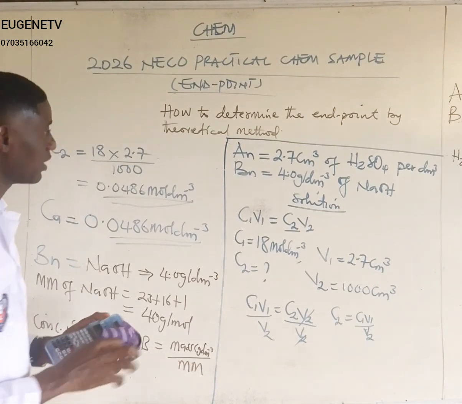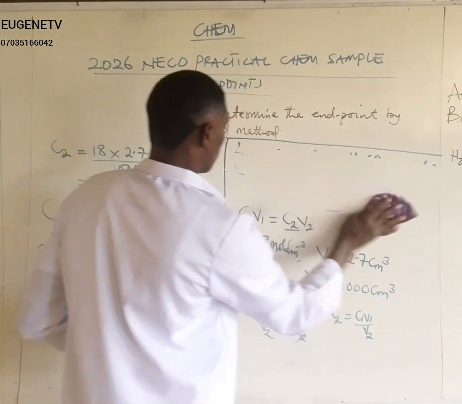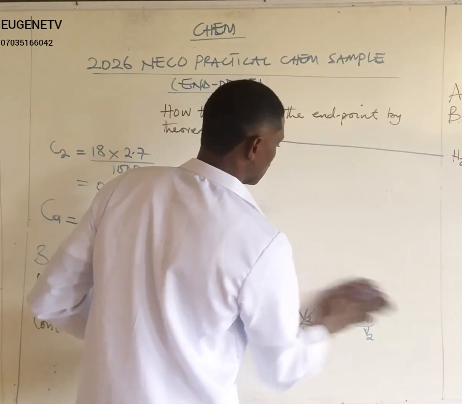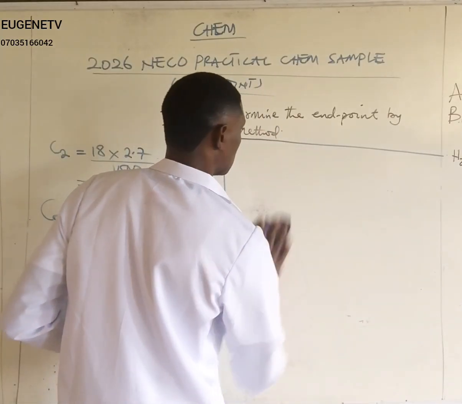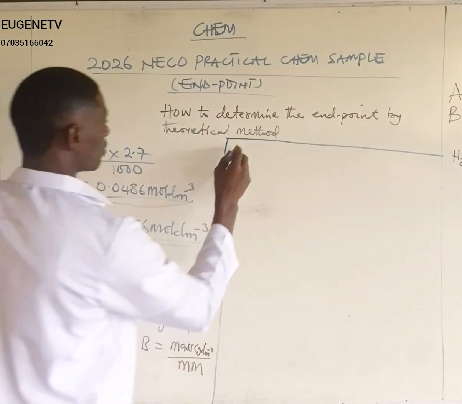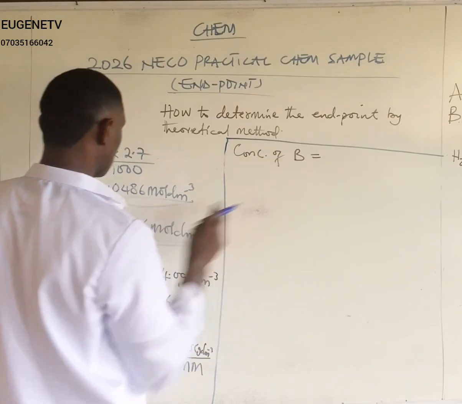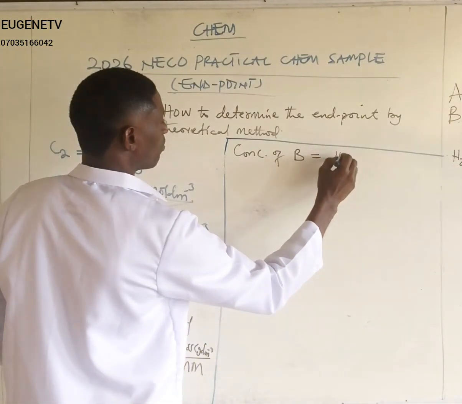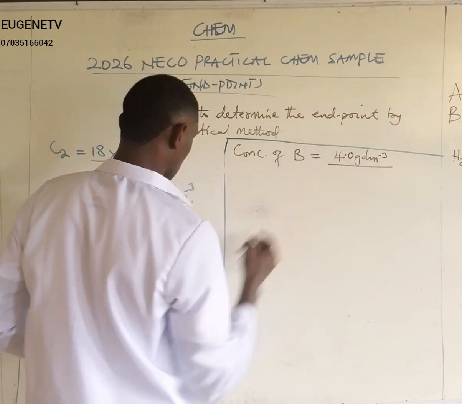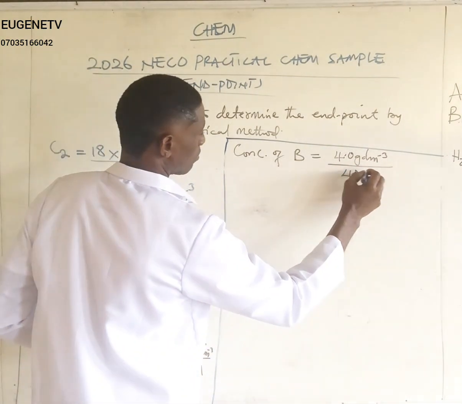Okay, we can now erase this since our board is not big enough. We want to find the concentration of the base so that we will be able to deduce the volume of acid that is used. So the concentration of B is going to be the mass given, 4.0 gram per dm cubed, over the molar mass calculated, 40 gram per mole.